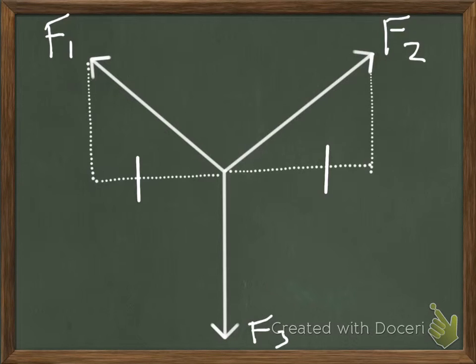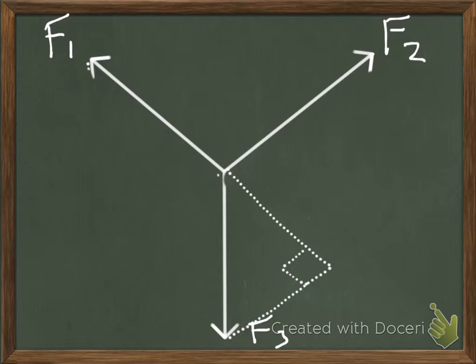You are not wrong, but it's going to take a long time because you have to do trig on two triangles. But we're going to use a trick where we only have to use one, and we're going to do it this way. So now you can see if you turn your head to the left so that force 1 is pointing straight up and force 2 is pointing to the right, then we only have one vector that's off at an angle, and it's F3. The reason this makes it easy is that those are the only two forces going in those directions.